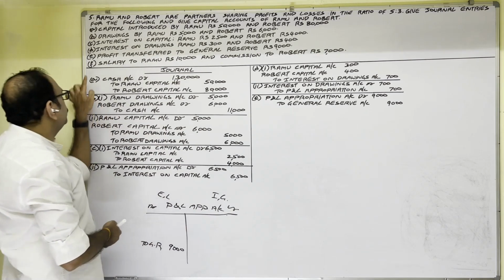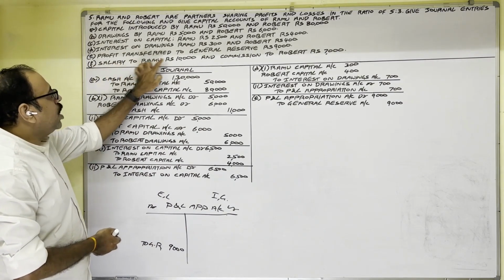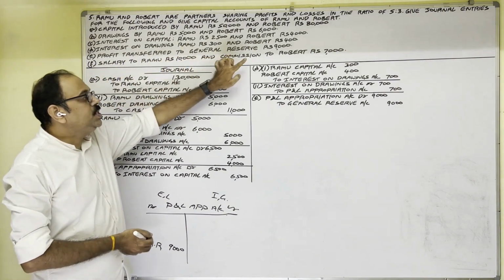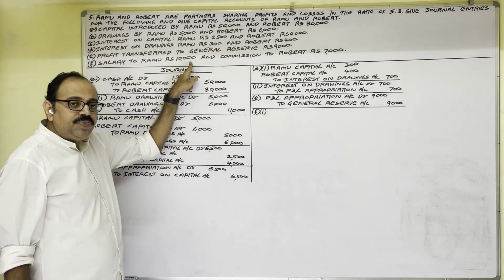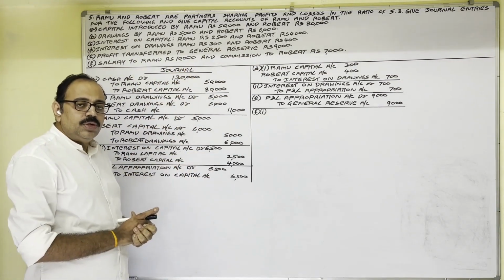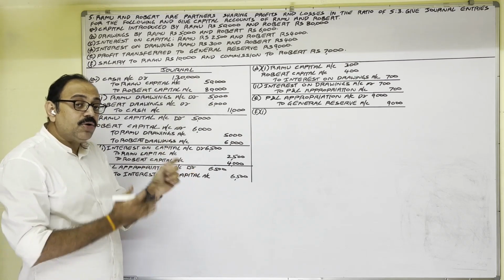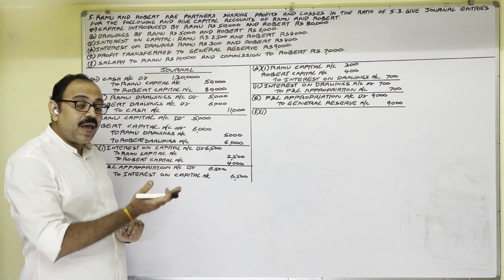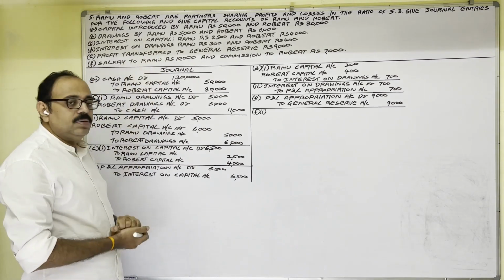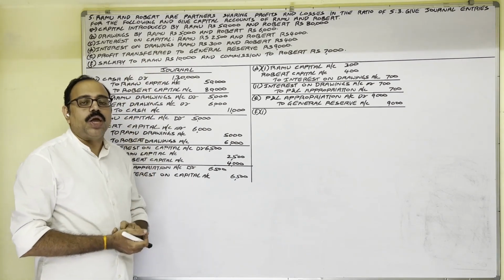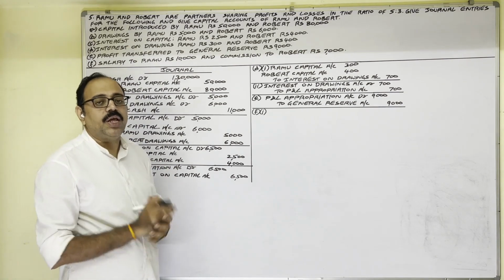Next come to the last bit, F. Salary to Ramu 10,000 and the commission to Robert 7,000. Ramu's salary 10,000 we should give to Ramu now. Means to Ramu's capital account we should add. Then capital increases. So Ramu's salary to Ramu account is a nominal account.